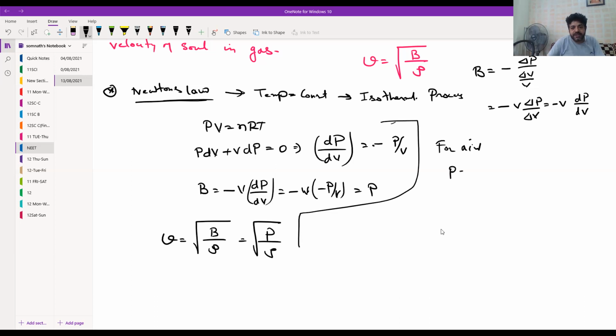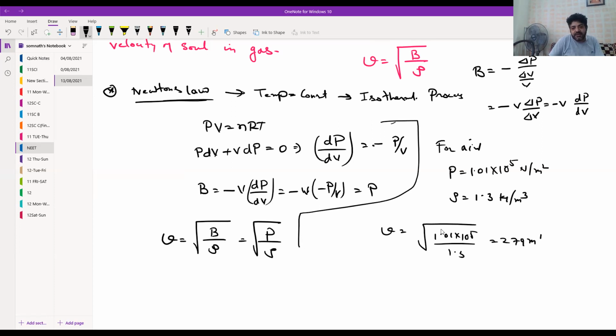The pressure is 1.01 into 10 to the power 5 Newton per meter square, that is 1 atmospheric pressure, and density of air is 1.3 kg per meter cube. So what we get, root of 1.01 into 10 to the power 5 by 1.3, the value is 279 मीटर पर सेकेंड.